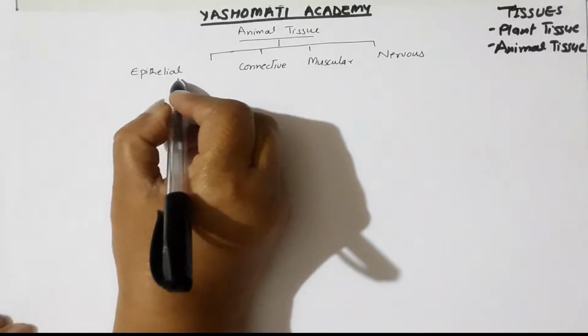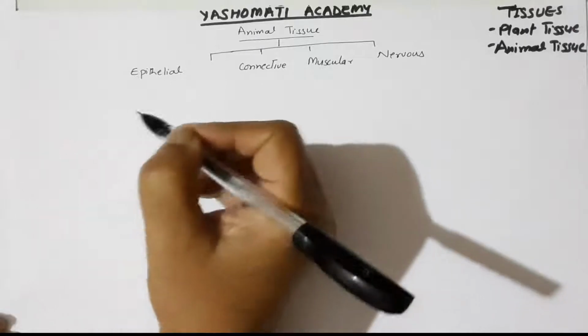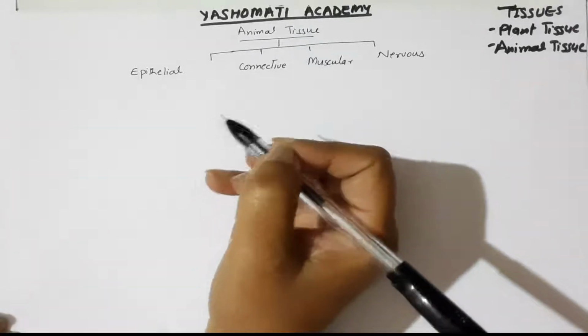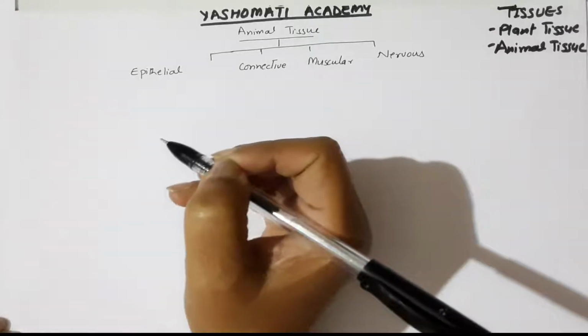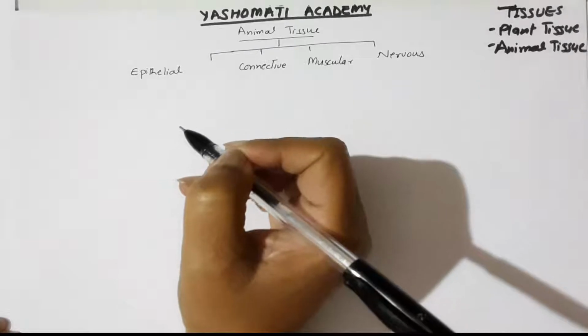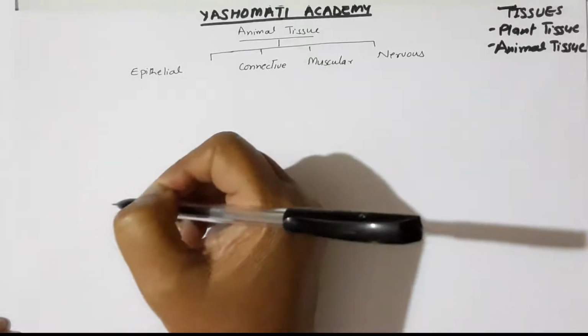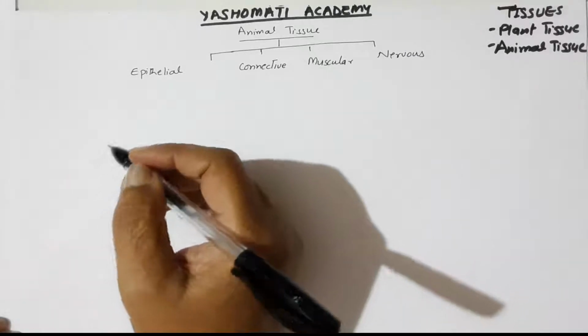Epithelial tissues are found in the outer and inner lining of the body. As we know, from outside the animal body is covered by skin. Similarly, the inside of the body is covered by epithelial cells.